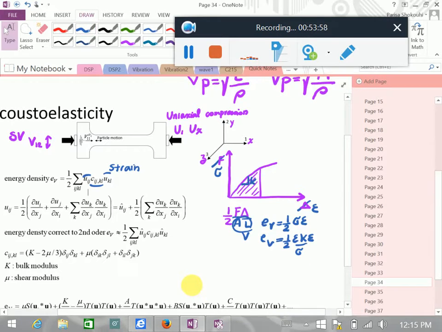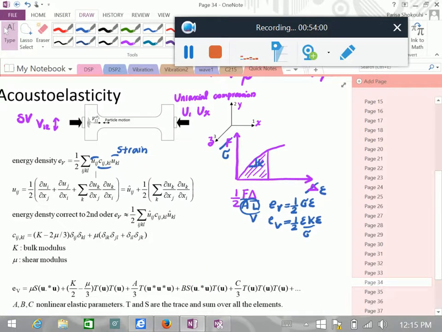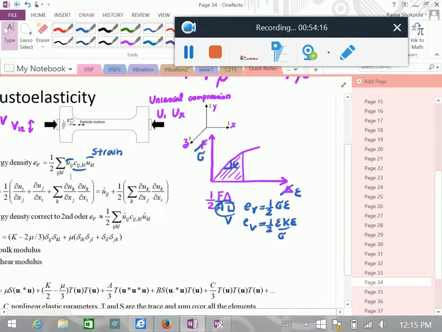Now, in linear elastic theory, we only consider this energy density to the second order approximation. We ignore everything above second order. Look here, epsilon times epsilon, epsilon squared. It's second order.